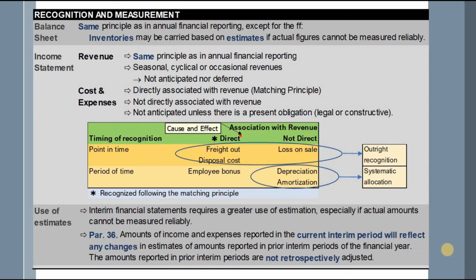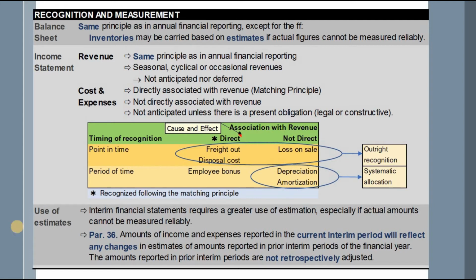And if there are adjustments to the previously recognized nominal accounts in the previous interim reporting periods, the adjustments for the previous interim period will be recognized in full during the interim period of change. So that means we will no longer retrospectively adjust the prior interim period.